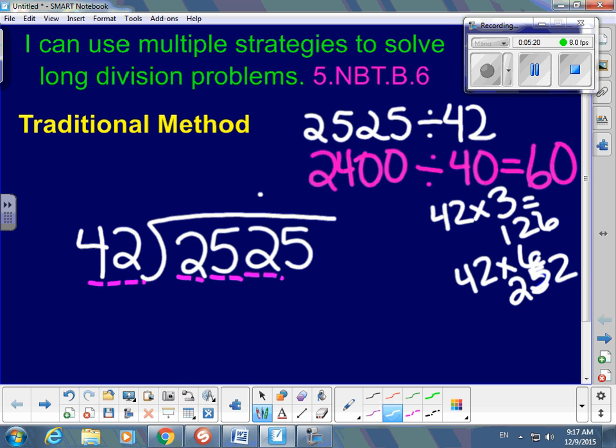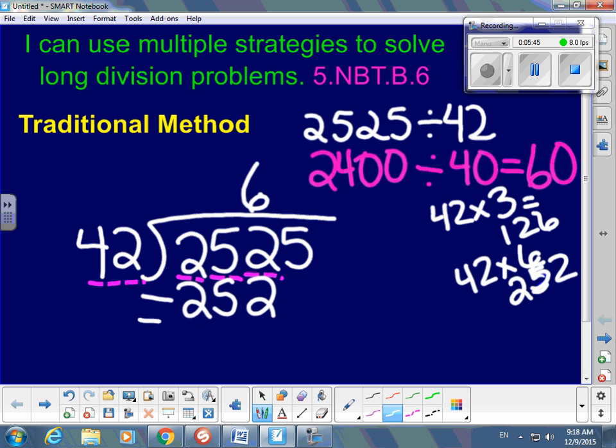We got the exact number that we need to have. Yeah, 42 times 6. So we're going to go ahead and write down our 6. And we know that 6 times 42 equals 252. What's our next step?